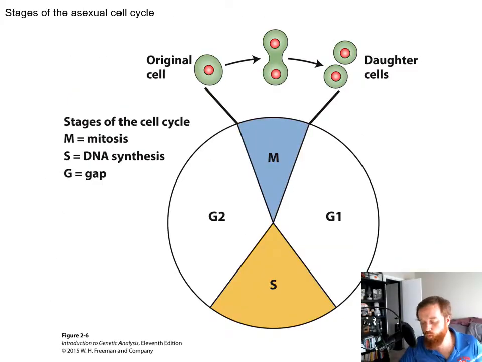Now, one quick footnote to these crosses and all of Mendel's work is that we have to remember that this is only occurring in sexual reproduction. So this only occurs when two organisms are combining their genes to make offspring in the next individual. There are individuals that undergo asexual reproduction. Bacteria is an example.